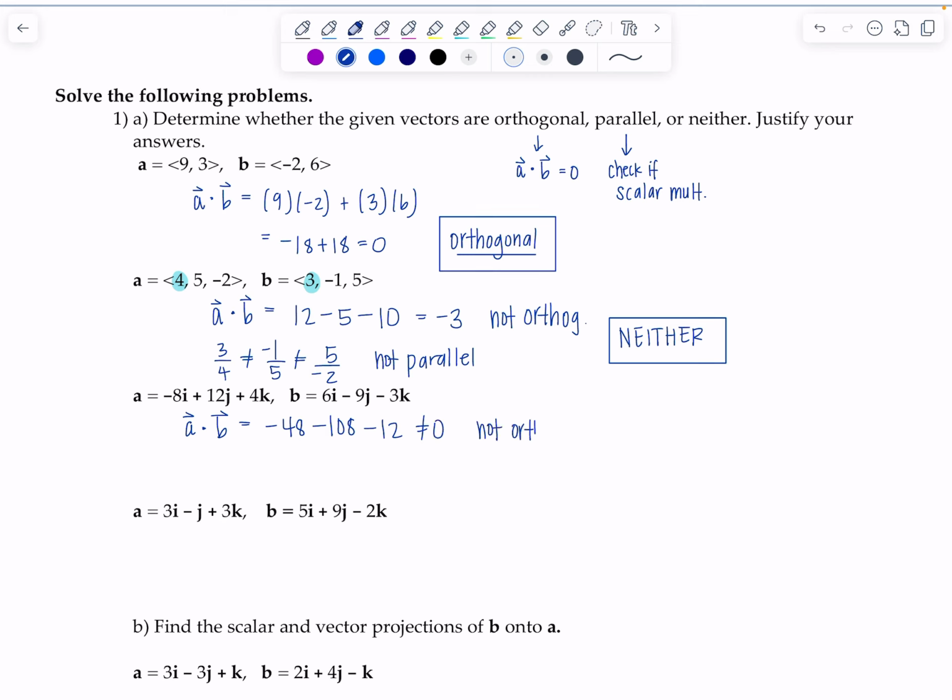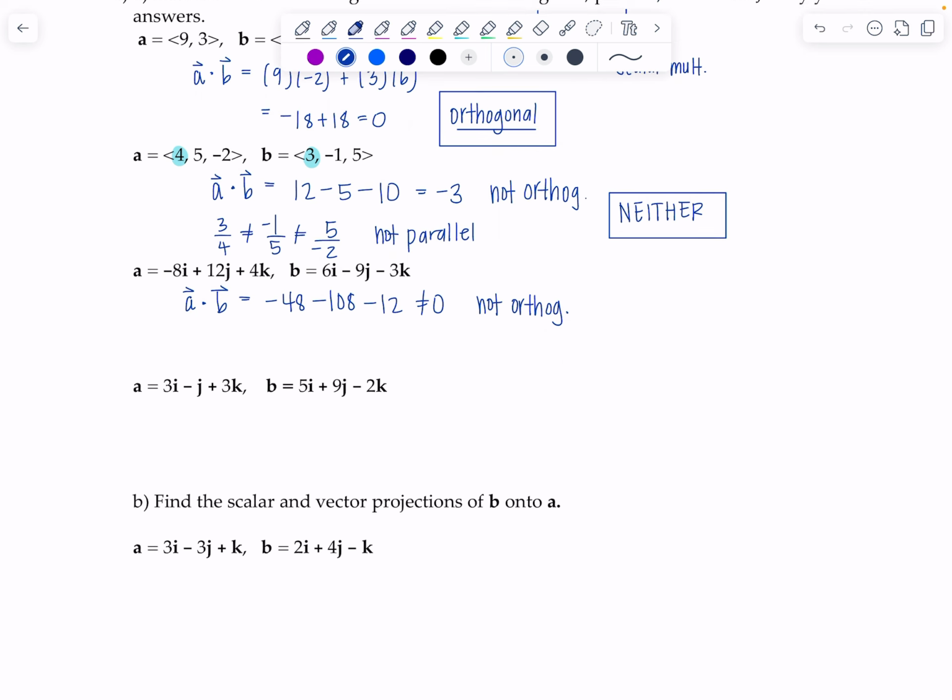You can do the same common ratio trick. So you just check 6 divided by -8, -9 divided by 12, and -3 over 4. Yes, those all reduce to the same ratio, -3 over 4. So that means these two vectors are scalar multiples. Woohoo! So that tells me these two vectors are parallel.